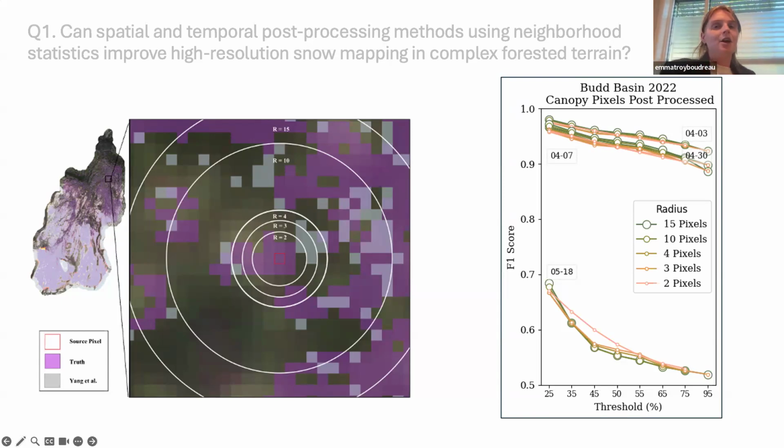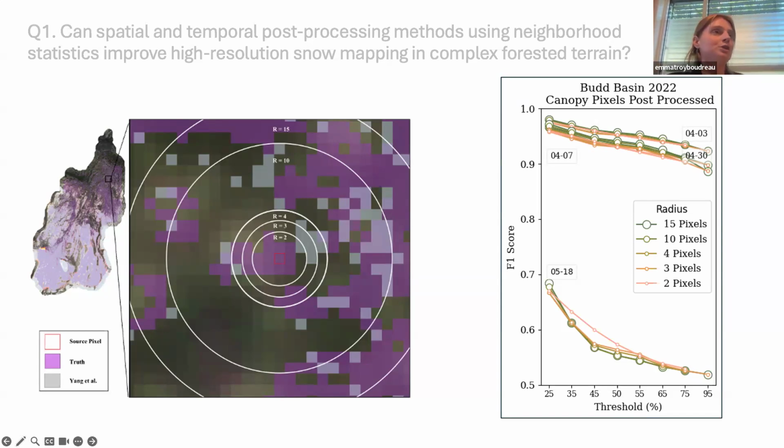And we tested a combination of different radius sizes for our neighborhood and thresholds to determine the most optimal one. In this work, we figured out that the radius size doesn't play too much of a role in how well the model does, but the threshold does.